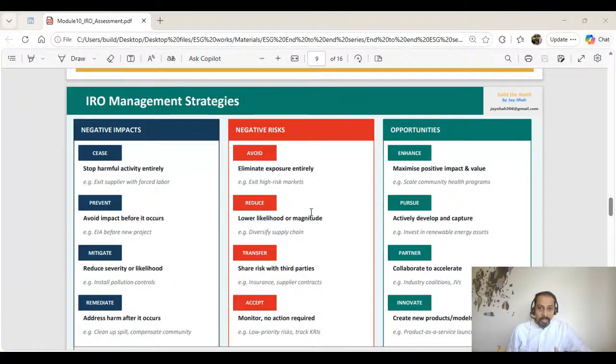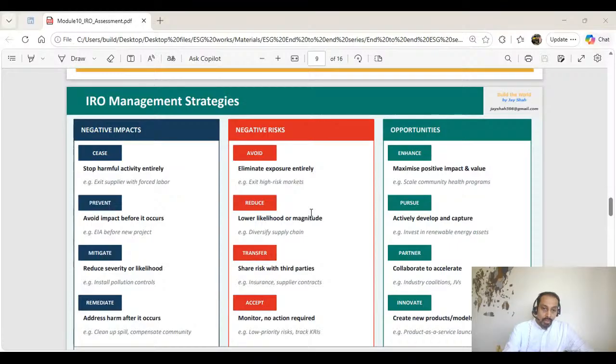So the highest priority is to stop causing the harm altogether. If there is an activity in your value chain that causes severe harm that cannot be adequately mitigated, the right response is to cease that activity and exit the particular relationship. Then managing the risk. For risk, the framework mirrors mainstream risk management: avoid, reduce, transfer, or accept.